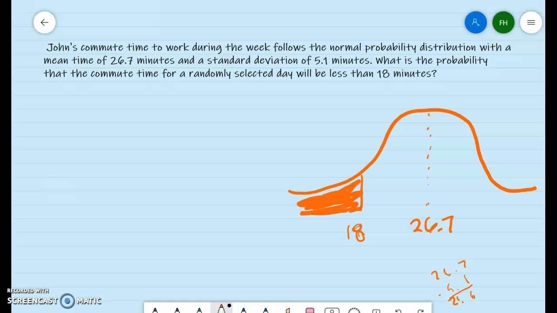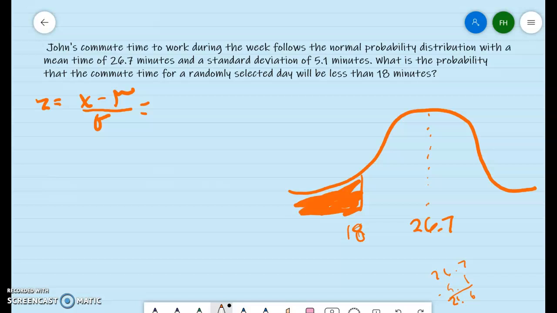So when we look this up on the table after we change it to z-score, the probability will be exactly what is on the table since it's less than. So first let's do our z. z is x minus the mean divided by the standard deviation.